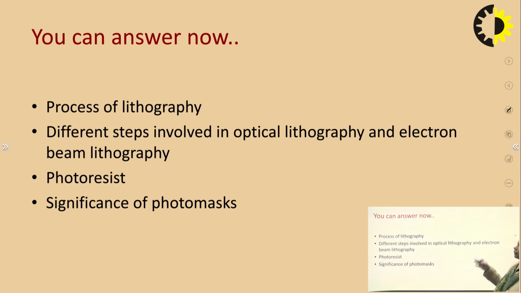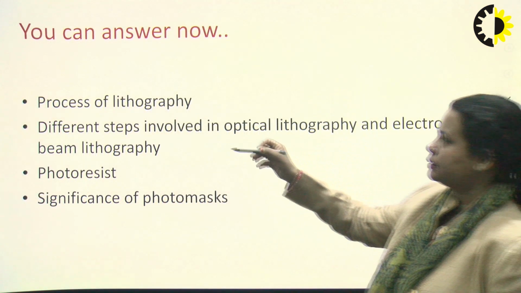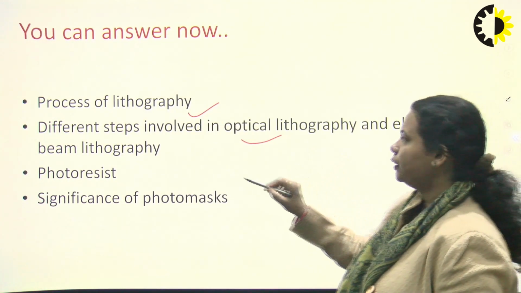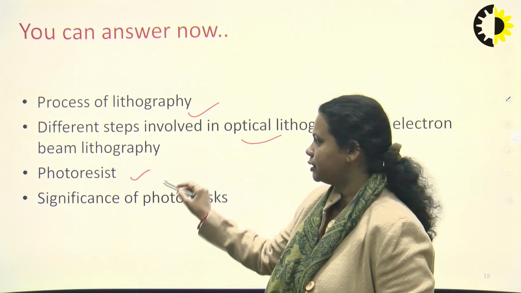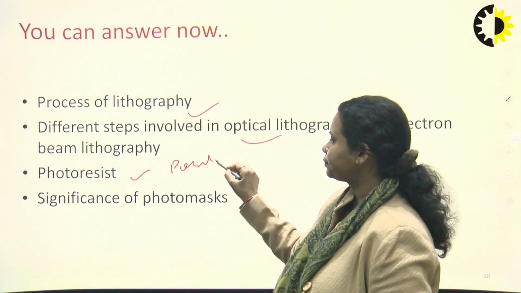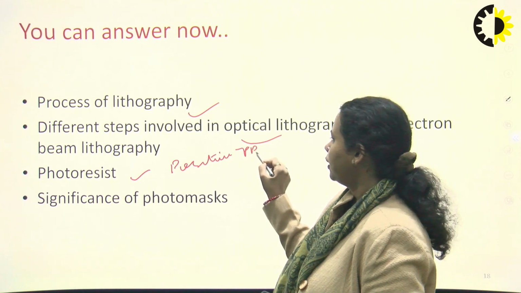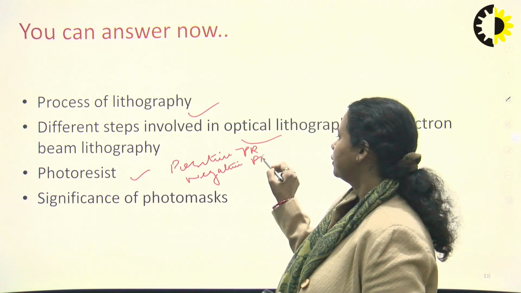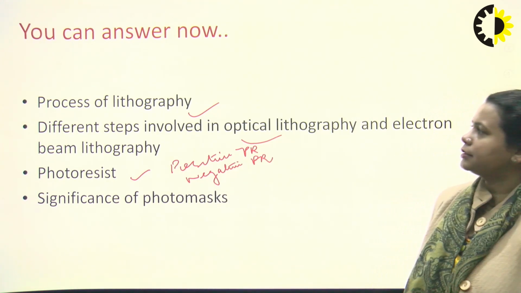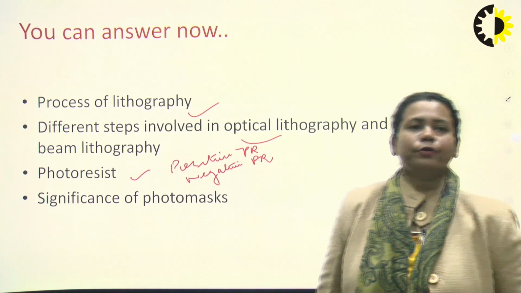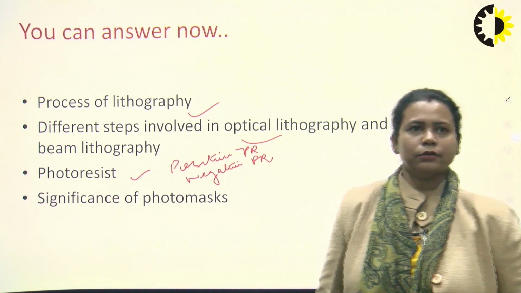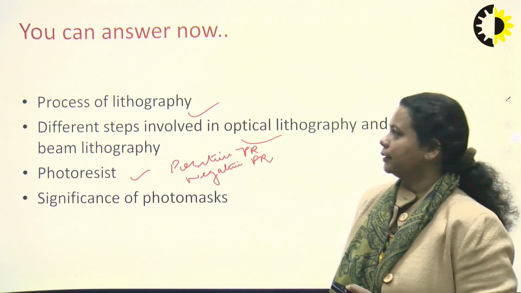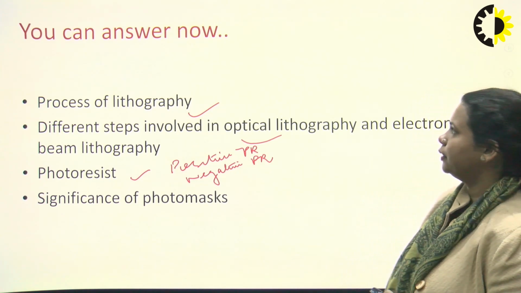I think the things are clear to you, and you should be able to answer about the process of lithography, the different steps involved in optical lithography and electron beam lithography, what is photoresist, positive photoresist and negative photoresist, the significance of the photo mask, the different steps involved in electron beam lithography, and the importance of all these topics. I think all these topics are covered, and I assume this is now clear to you.